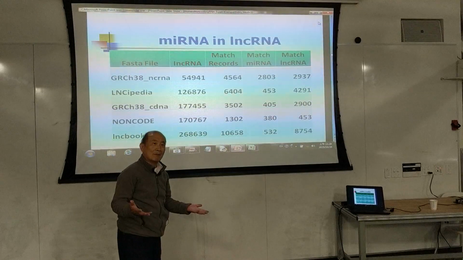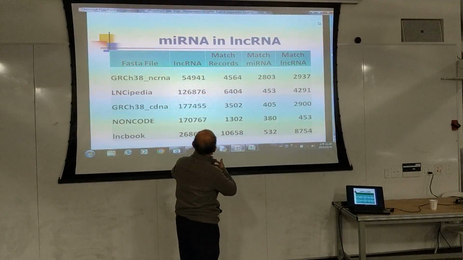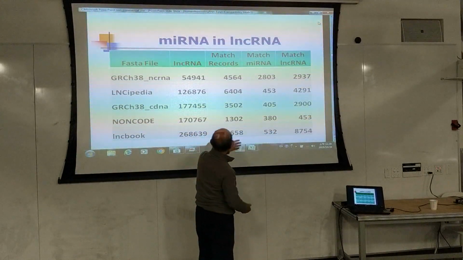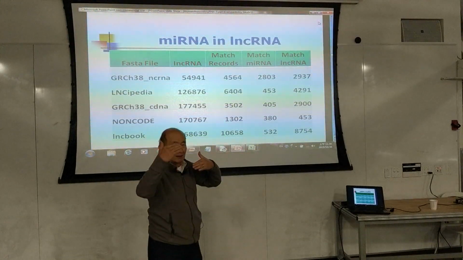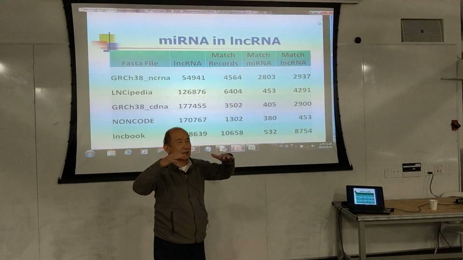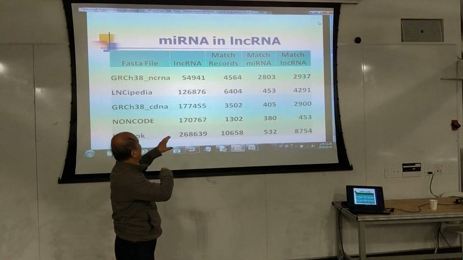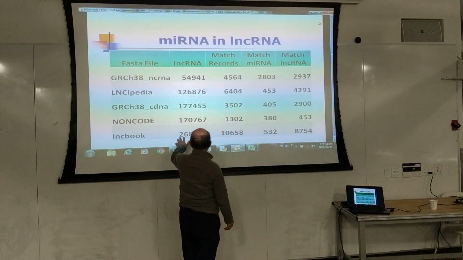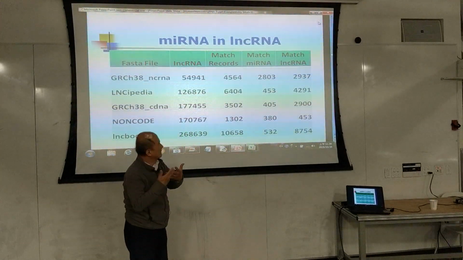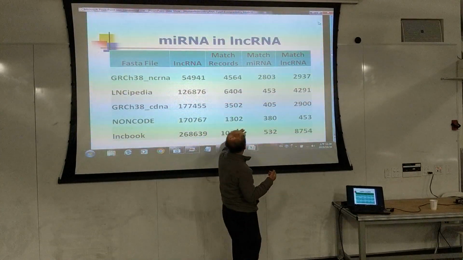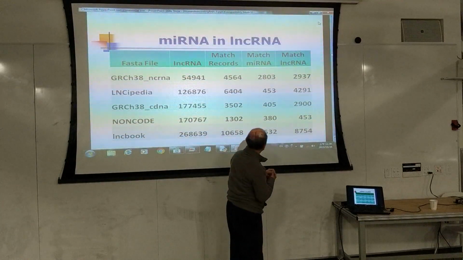Yeah, there are matches, but not very many. The matching record is any occurrence of the microRNA in any of the RNA. For example, in this huge database, I found 10,000 matches. Among the 10,000 matches, there are 532 microRNAs that have matches in this database.